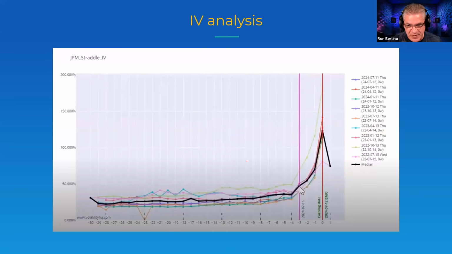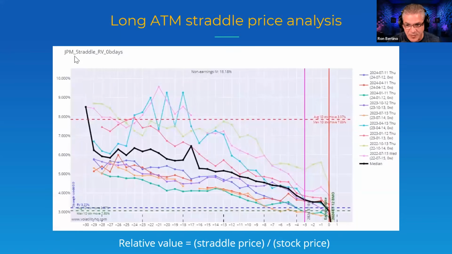Because remember, what this is trying to show you is the implied volatility, which is a derived value. Now, if we then look at real prices, they are doing almost the exact opposite. So during those days where we said it should be a perfect entry, let me go back again.